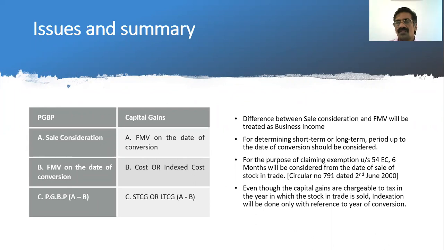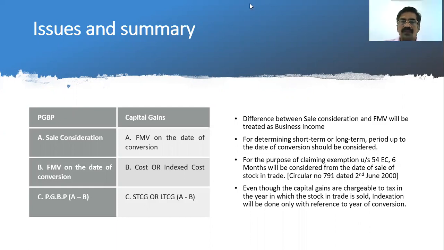Though 54EC says 6 months from the date of transfer, realizable consideration arises only when the stock in trade is sold. Therefore, you can take 6 months from the date of sale of stock in trade. That's the third bullet point in circular number 791: in case of 45(2), the 6 months period will be considered from the date of sale of stock in trade.